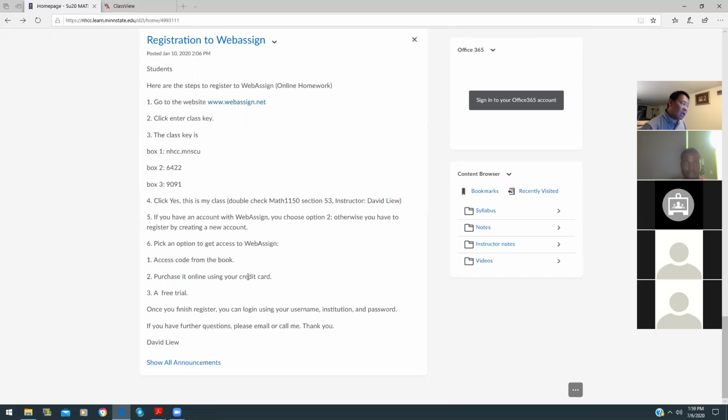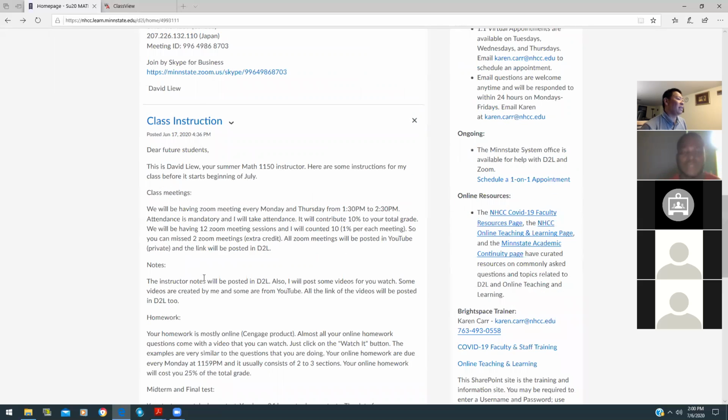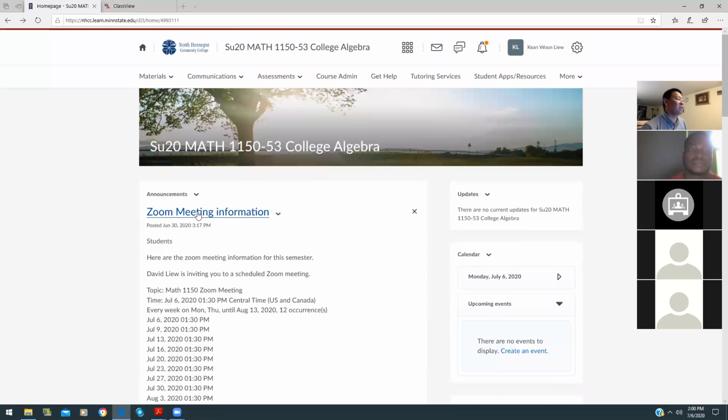You can buy it online using a credit card, or if you're still waiting, just do the free trial. Then you can do your homework and access the book, everything, on the free trial. Once the 2 weeks are over, you need to either get a book or buy it using your credit card. Okay, I will show you step by step how to do the registration. If anything is going on here, I will put an announcement so you know.